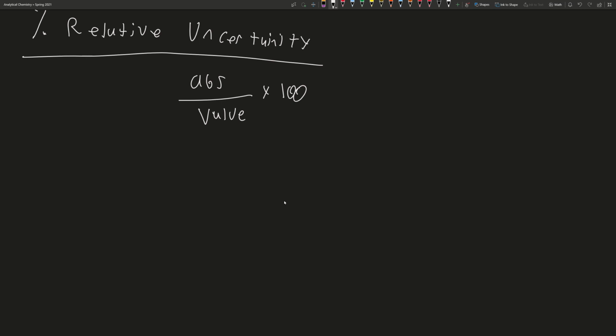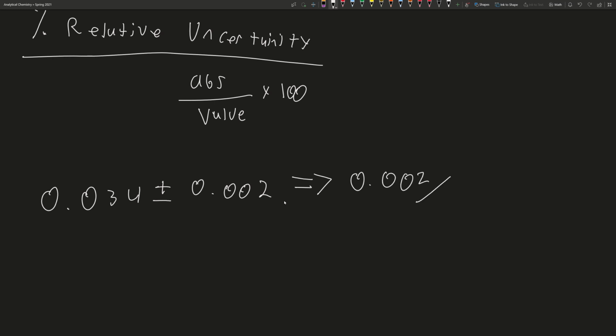Let's say we have 0.034 plus or minus 0.002. This is an absolute form. In order to get the relative form, we simply take 0.002 divided by 0.034 multiplied by 100.